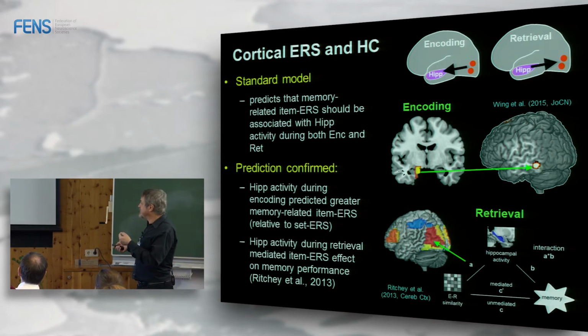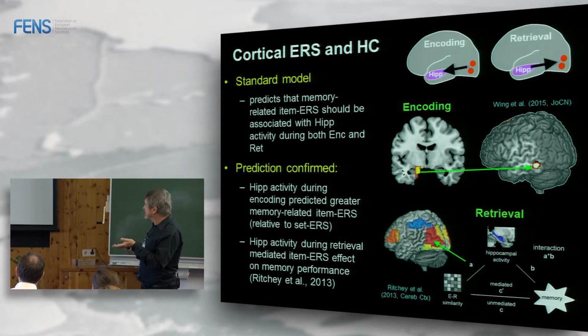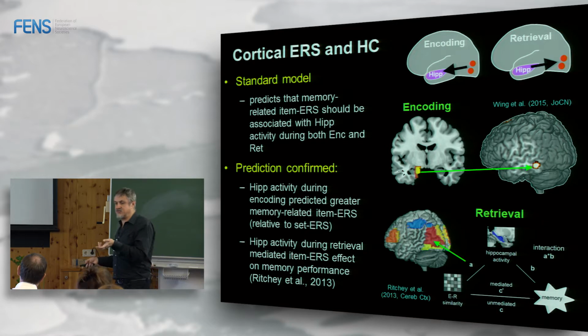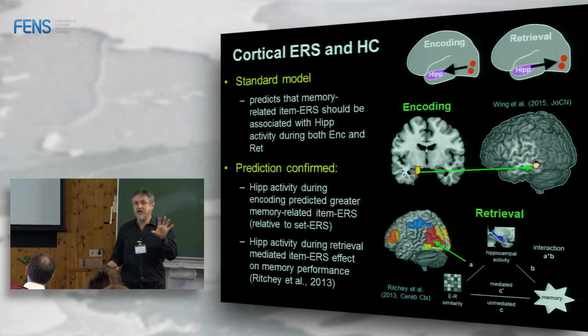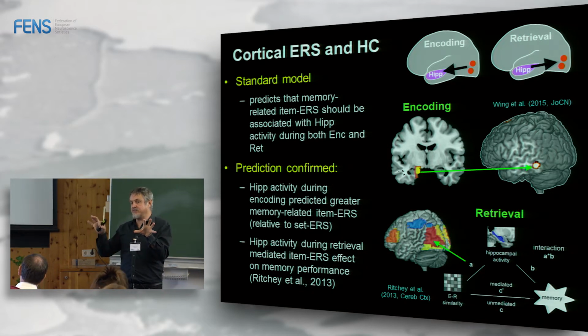But we also found it during retrieval in a previous study, which I didn't mention before. In this case we used a mediational analysis, and we found that the effects of encoding-retrieval similarity on memory were mediated by hippocampal activity, which is consistent with the idea that the hippocampus is necessary for that cortical reactivation to affect memory. The hippocampus has to be activated too.